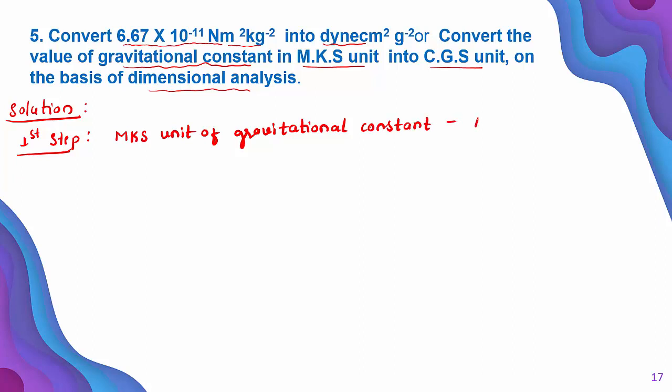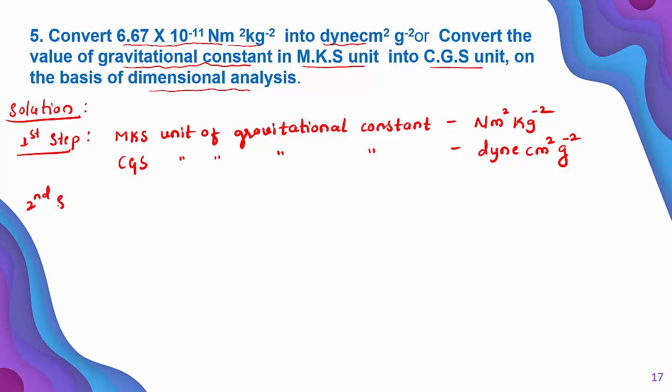Here it is given Newton meter square per kg square. This is the MKS unit. And its CGS unit of gravitational constant is, instead of Newton we have to write dyne, instead of meter we have to write centimeter square, instead of kg we have to write gram square. Dyne centimeter square per gram square. This is the CGS unit of gravitational constant. This is the first step.